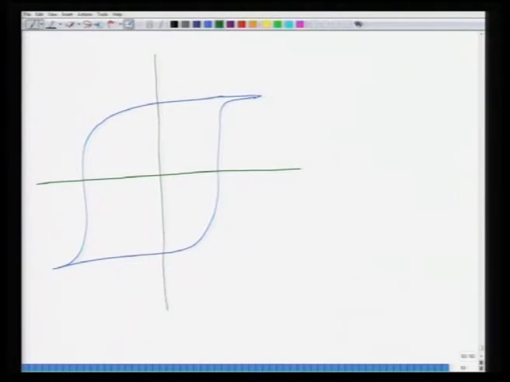This is one kind of magnet, and I draw another one which is something like this, just for the sake of illustration.